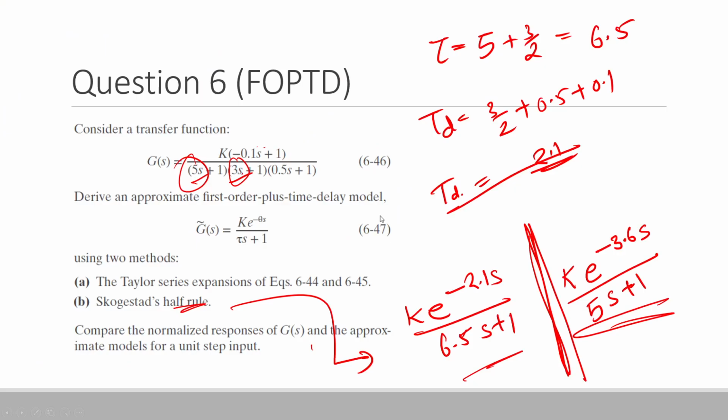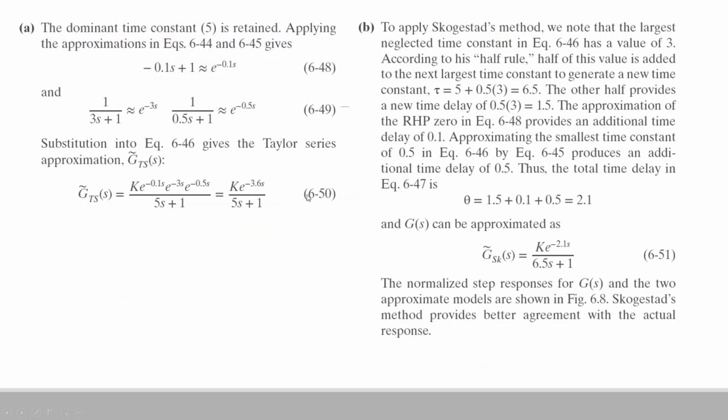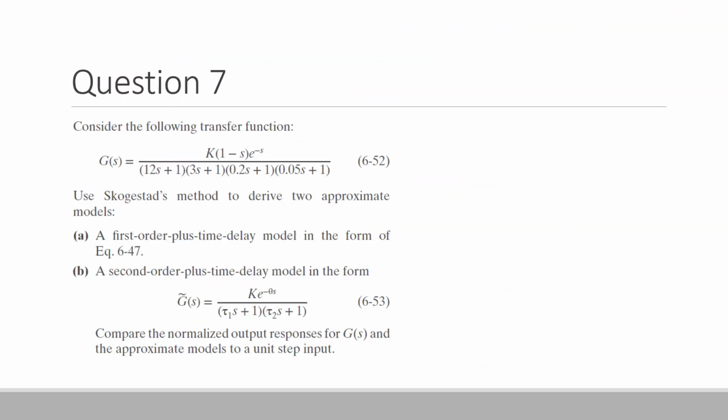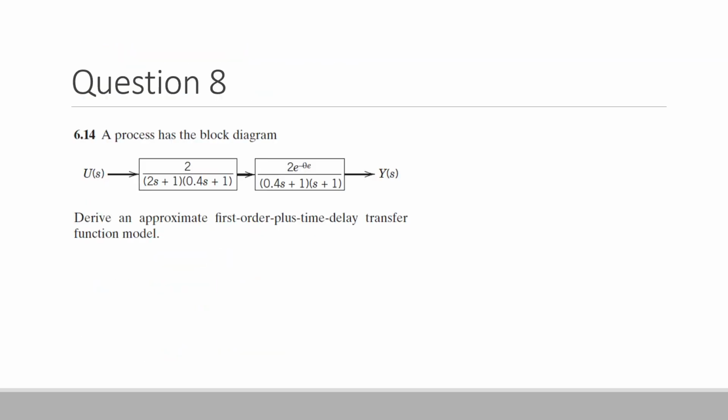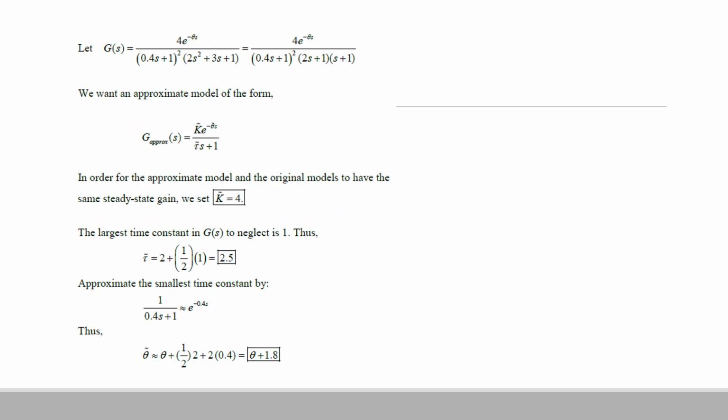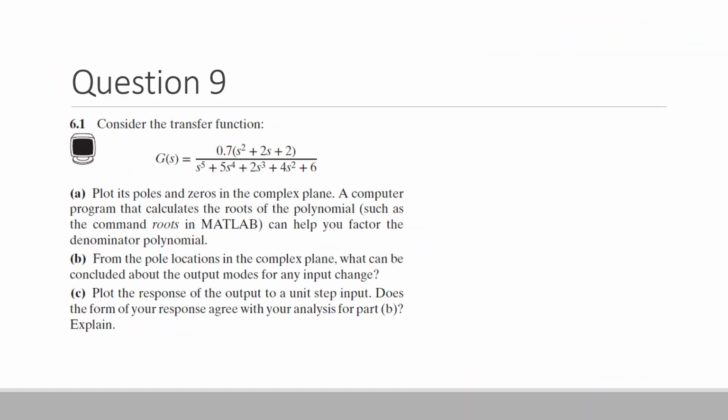Now we will try solving the last question. This question we will again solve using MATLAB. For the given transfer function, we have to plot the poles and zeros in the complex plane using MATLAB, and then from the pole locations in the complex plane, determine what can be said about the output modes for any input change.